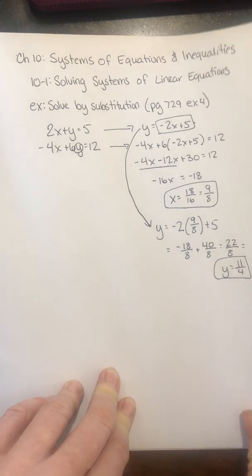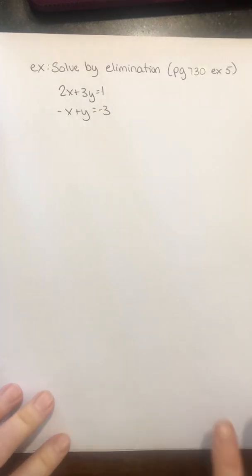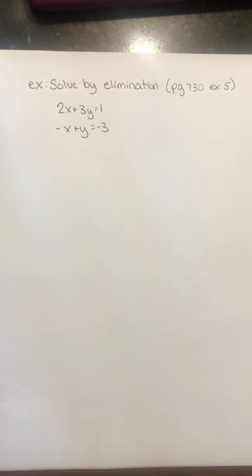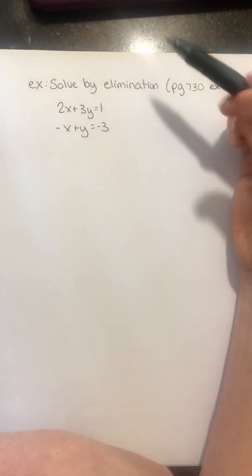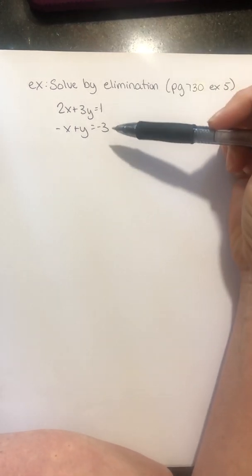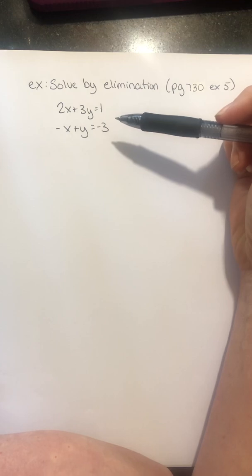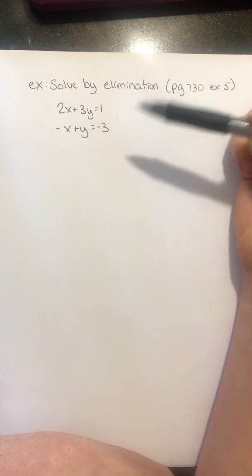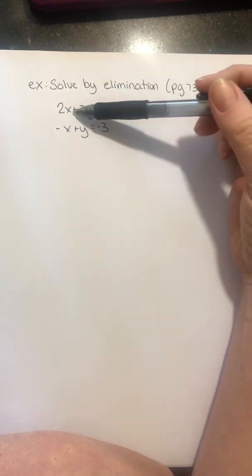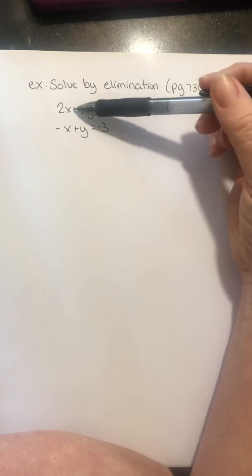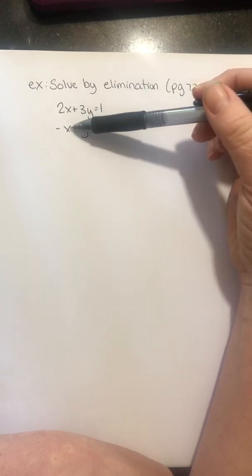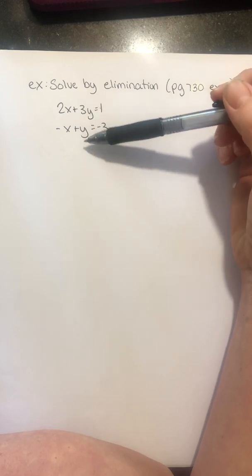Another way is to solve by elimination. And elimination is where you want to add the two equations together so that one of the variables cancels out. So in this case, if I were to add these two equations together, 2x and negative x would be 1x, 3y plus y is 4y.